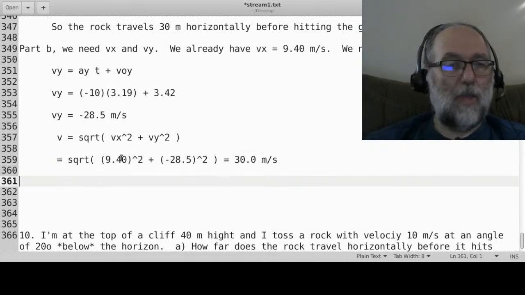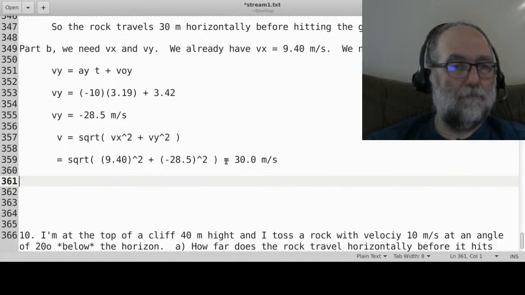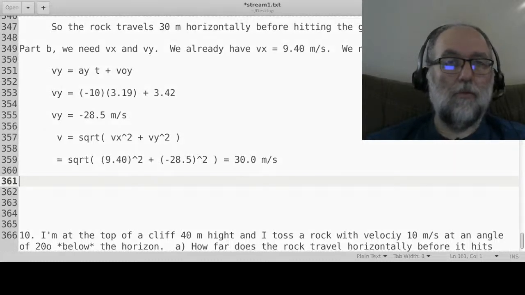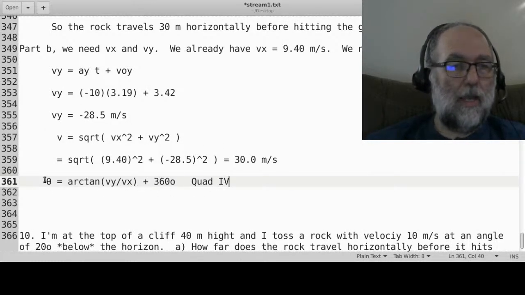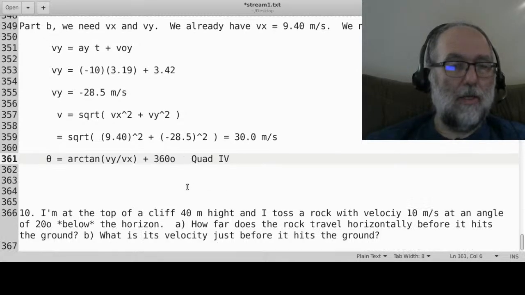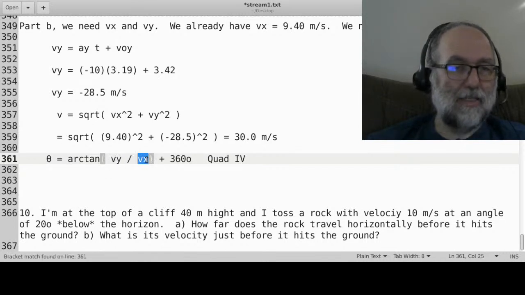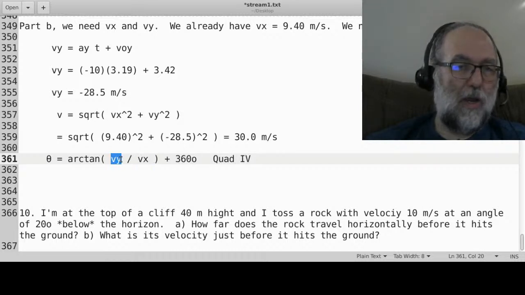But now to get the angle, we have to use this formula right here. If you look at this formula, where we had just x and y above, now we have vx and vy.